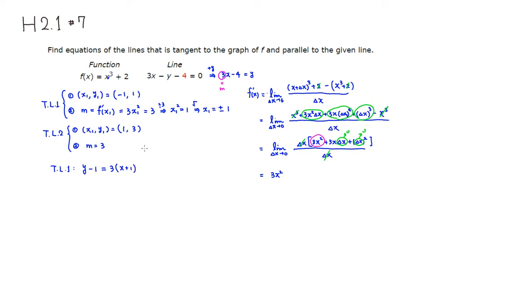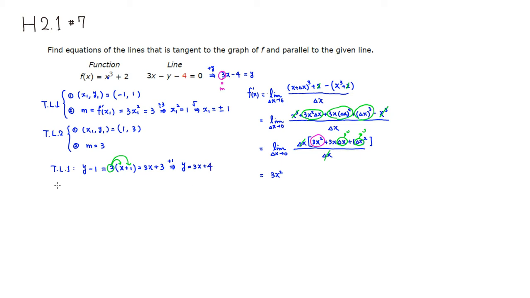I'm going to distribute 3 to x and 1, so we get 3x plus 3. Then I'm going to move this 1 over by adding 1 to both sides, so y is equal to 3x plus 4.